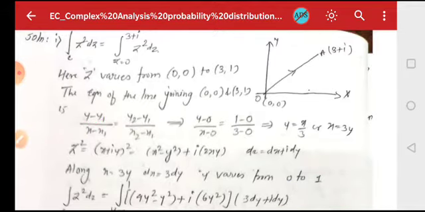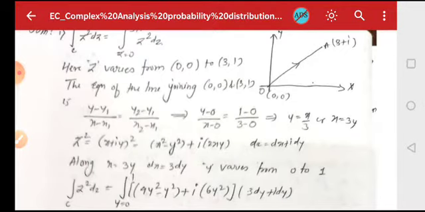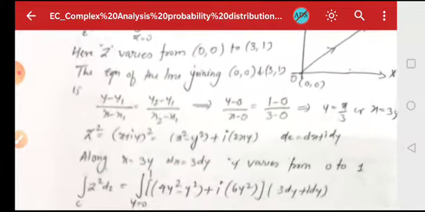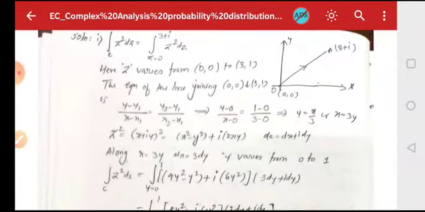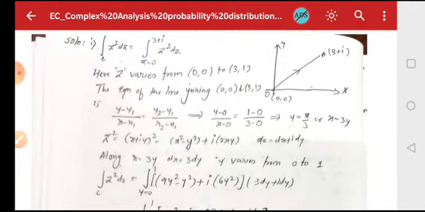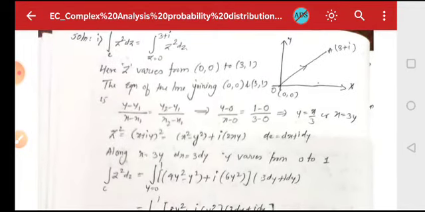If you apply x1 y1 as 0, 0 and x2 y2 as 3, 1, you will get x equals 3y. In this case, z square will be x plus iy the whole square, which is nothing but x square minus y square plus I into 2xy, where dz equals dx plus I into dy.